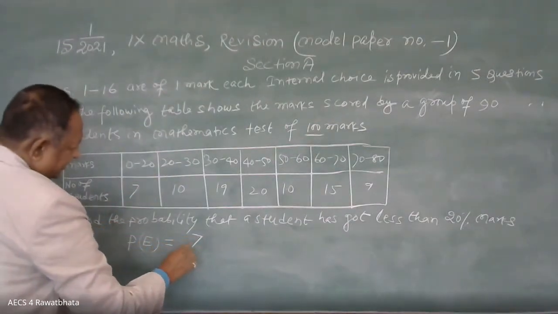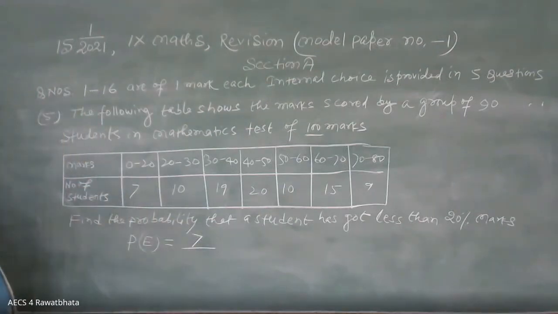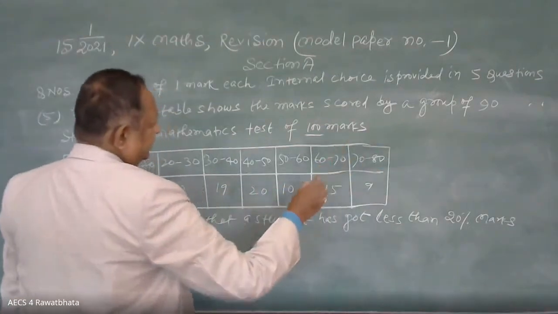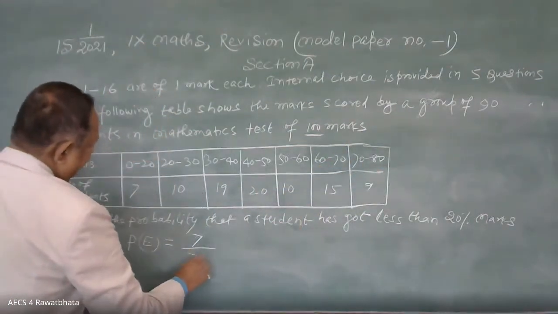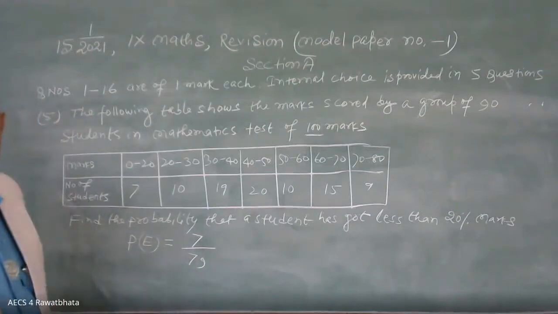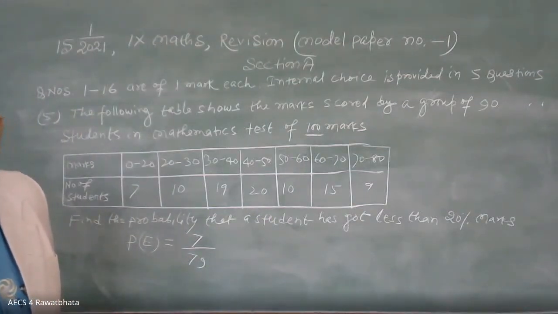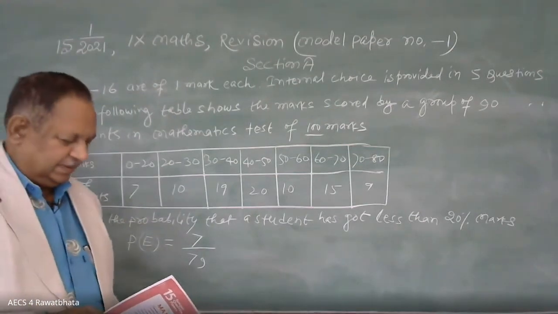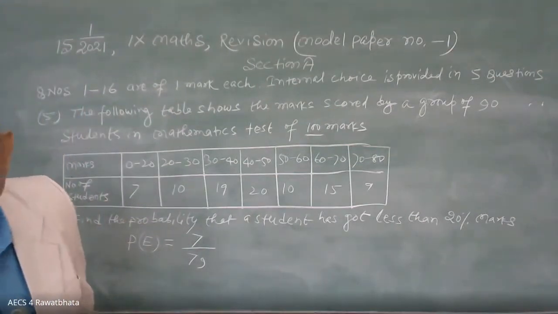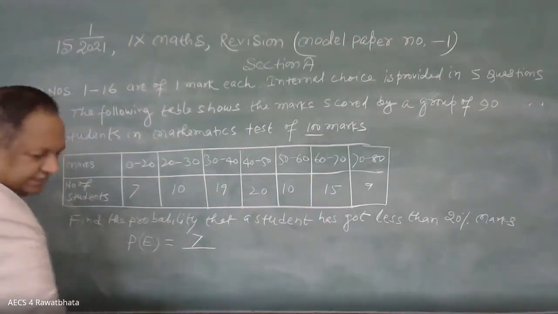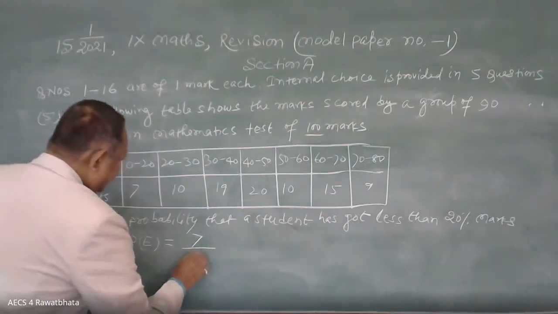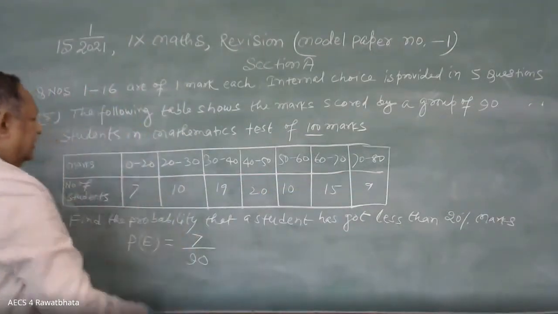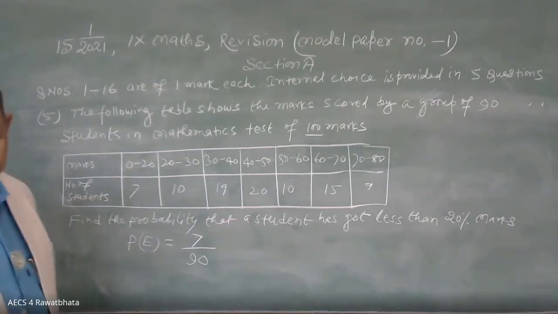The number of favorable outcomes is 7, and the total number of students is 90, not 70, 90. The total is 90. So 7 by 90 is the correct answer.